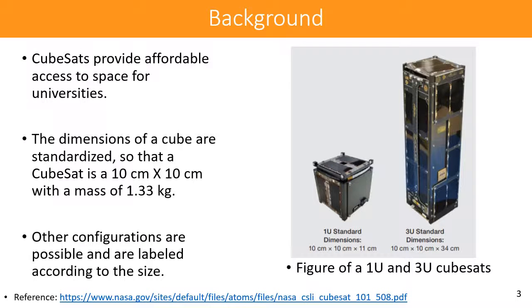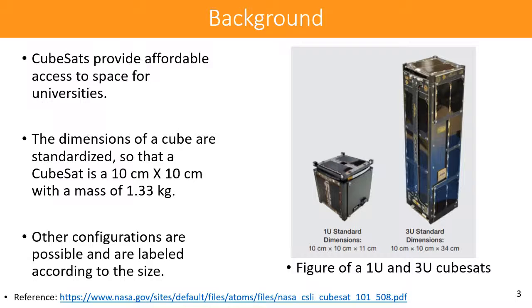Some background: CubeSats have been able to provide affordable access to space for universities and research. The dimensions and weight of a CubeSat are standardized. Usually a 1-unit CubeSat is 10 by 10 by 11 centimeters, and the weight is 1.33 kilograms.